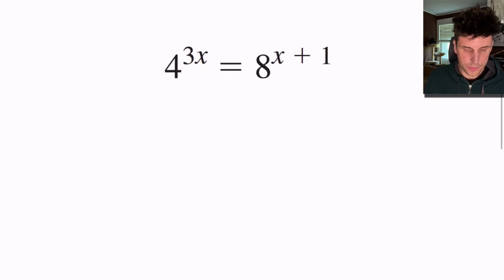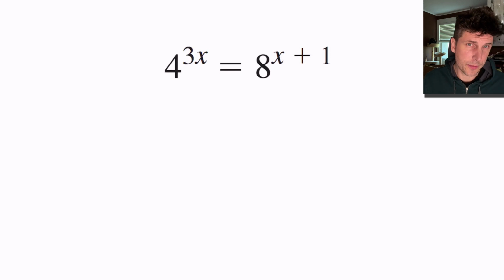The next one is slightly more difficult, but it uses the same idea. You can't use that one-to-one property unless your bases are the same. So we have to get both sides of this equation to have the same base. Both 4 and 8 share something in common. 8 is not a power of 4, but both 8 and 4 are powers of 2.